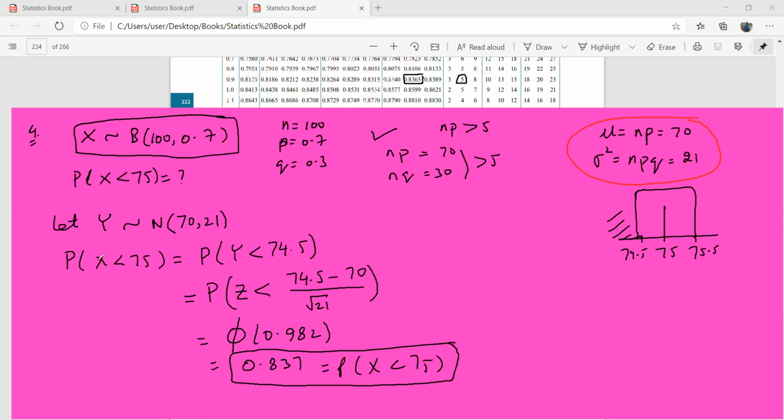Then here is the continuity correction step: less than 75 would mean less than 74.5. Then you standardize your normal distribution into a standard normal distribution. You got phi of 0.982, you check from the table, and you got the answer 0.837.